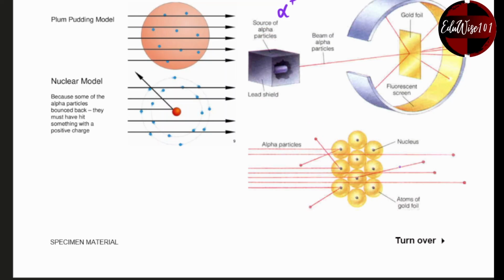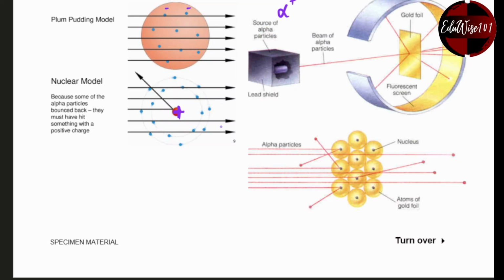Now, because of these two observations, this first diagram shows the plum pudding model. These dots are the electrons, the negative charges. If it was a solid mass, it shouldn't actually let anything go through. In the nuclear model, because some of the alpha particles bounce back, they may have hit something with a positive charge, and that positive charge was the nucleus.